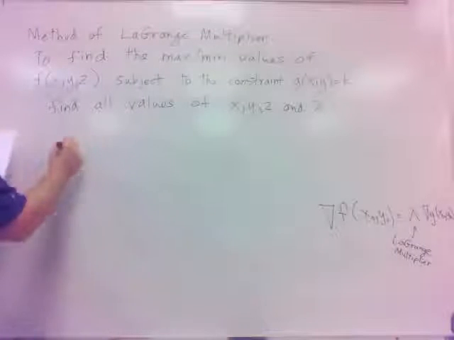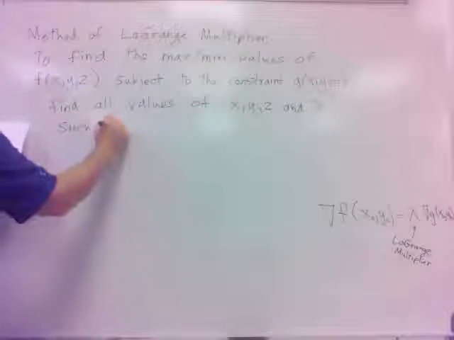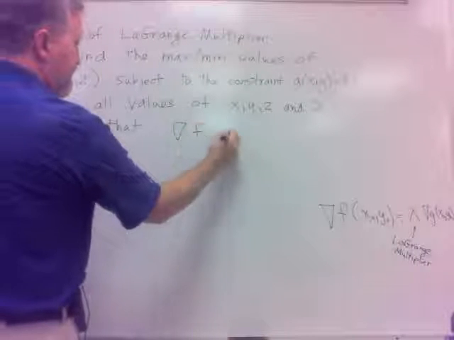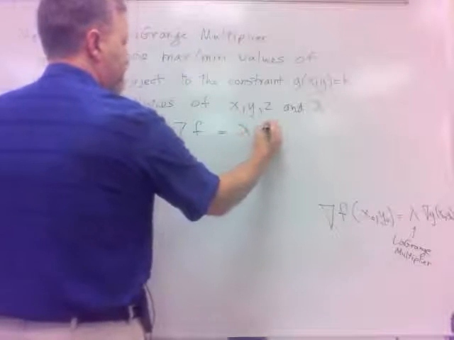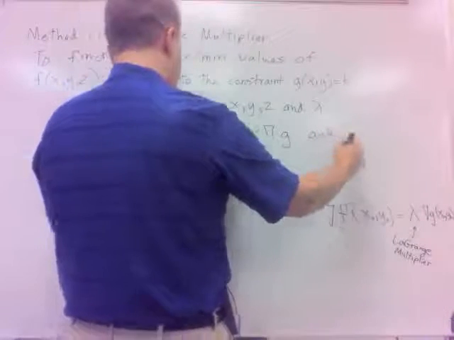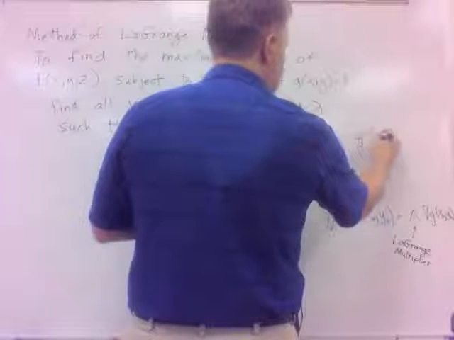Find all values of x, y, z such that the gradient of f equals lambda times the gradient of g, and g of x, y, z equals k.